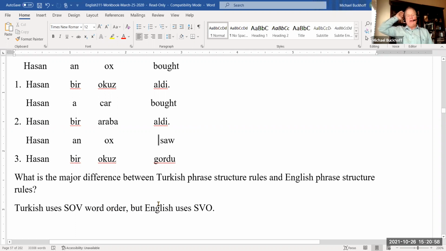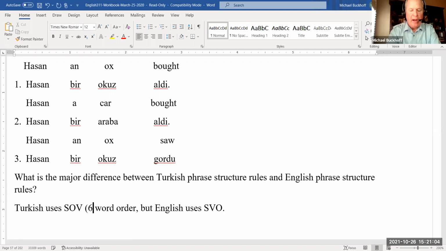So if you're learning Turkish, you want to know what the word order is. And believe it or not, the SOV word order is about 50%. From my understanding, it's more than half of all the world's languages use that word order. So there's by no means a consensus on how to order things in a sentence from one language to another. Well, there's a consensus more or less between SOV and SVO, but it could be either way.